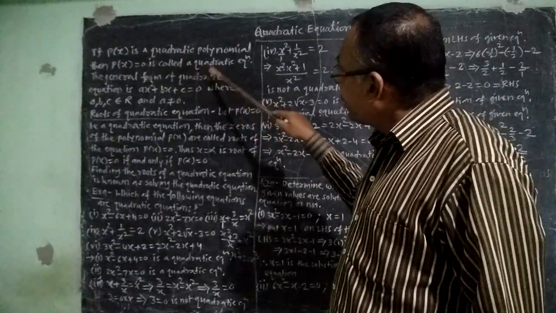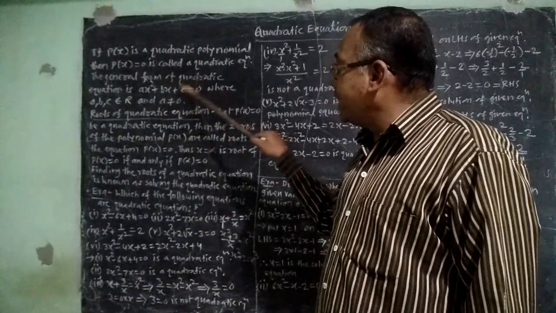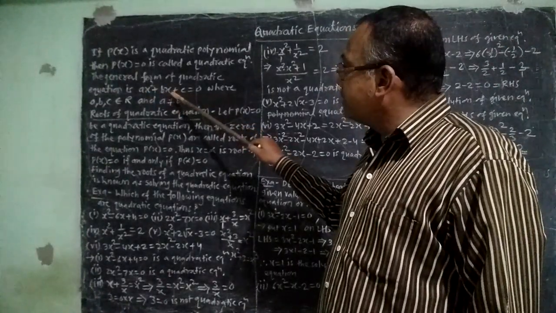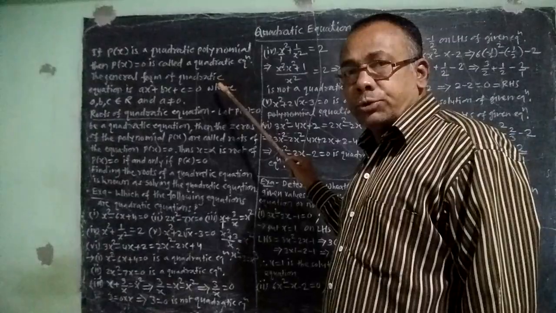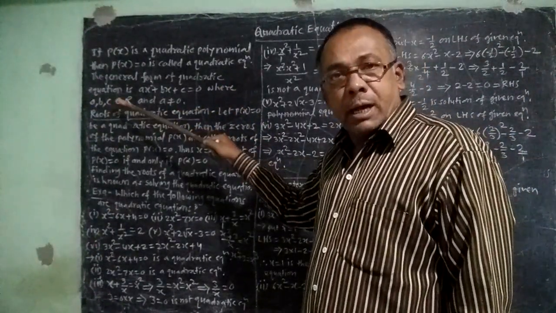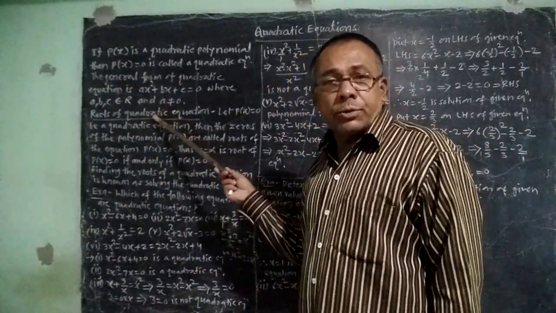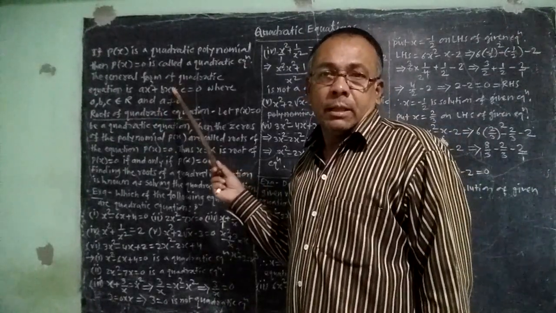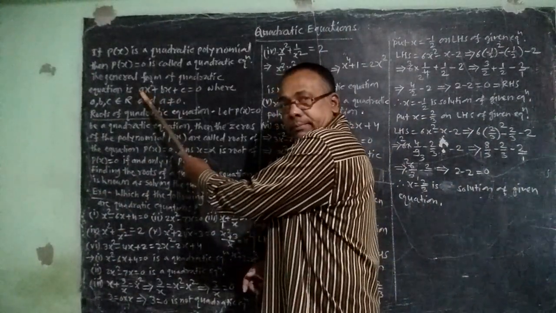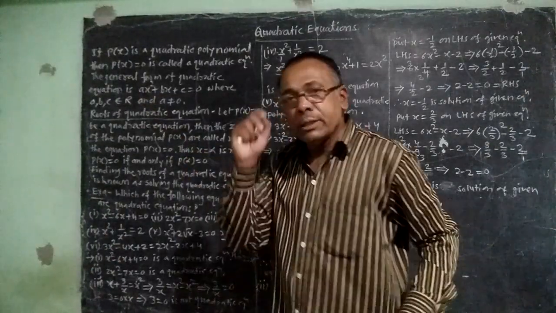Then it is called a quadratic equation, and the general form is ax square plus bx plus c is equal to 0, where a, b, c are real numbers. And just now I have explained that a, the coefficient of x square, should not be 0.